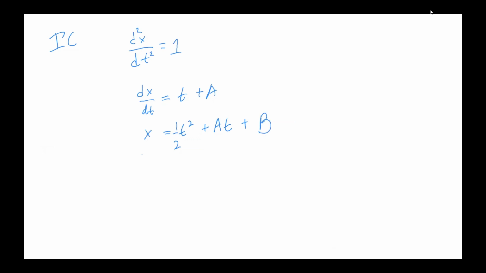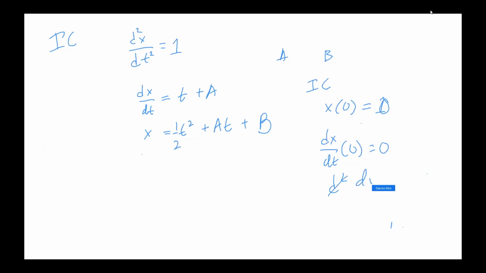Now, to get a and b, we have ICs, which is x(0) equals 1, or we have dx/dt(0) equals 0. We could just have a derivative again and make it more complicated, and we can get rid of that. We need two conditions to actually solve something.